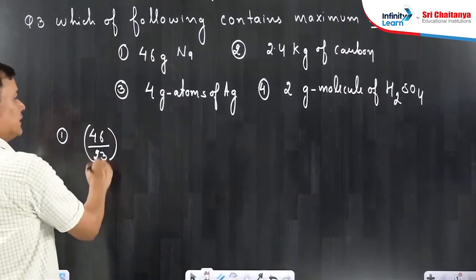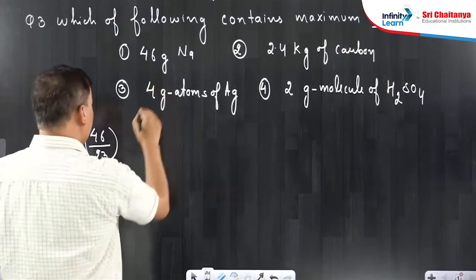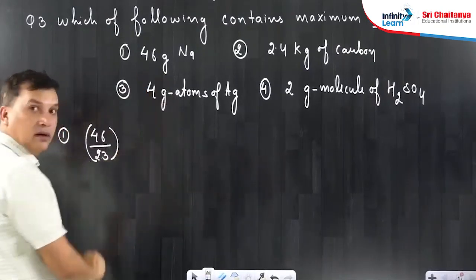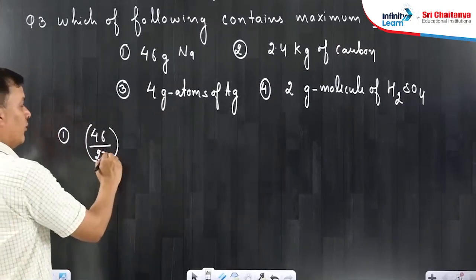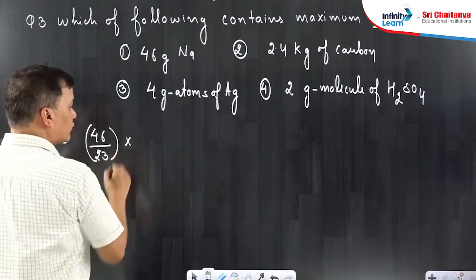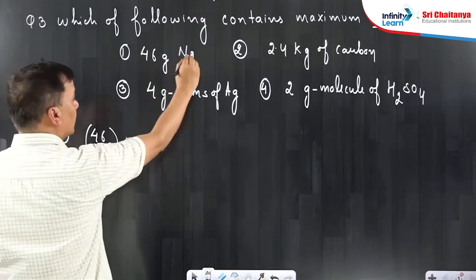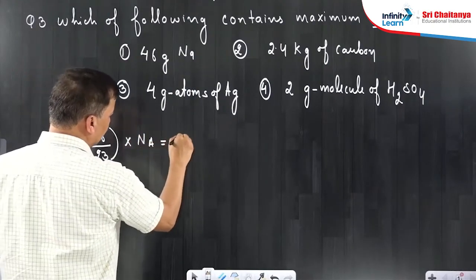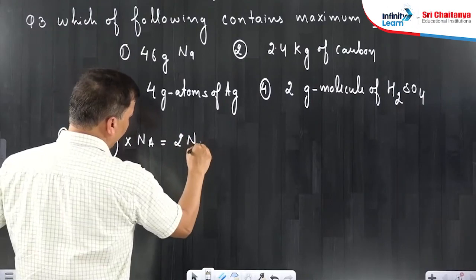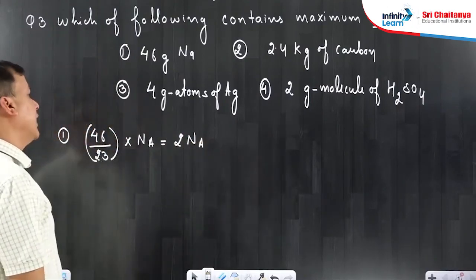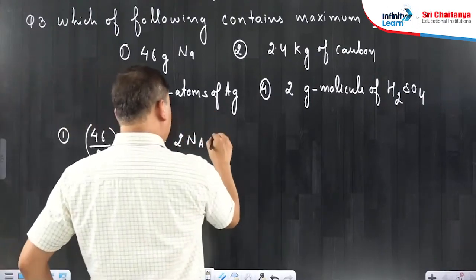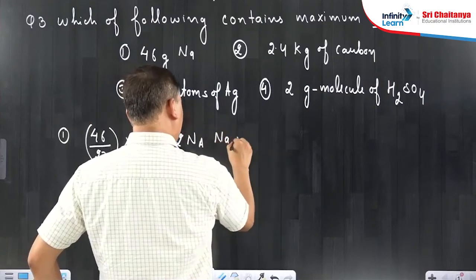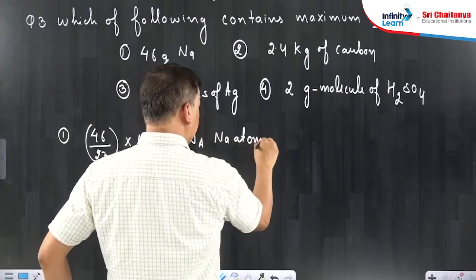Okay, that is the number of moles. Now the number of moles has to be multiplied with Avogadro's number. You got it or not? That is equal to 2 Na, where Na means Avogadro's number. Sodium atoms are there.